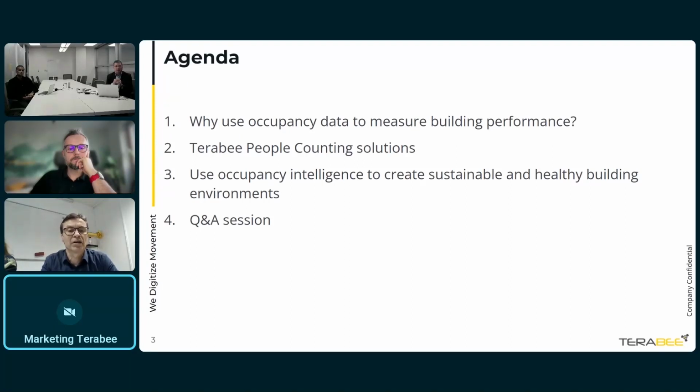And then our friends from Feedback will give some examples of how they've used the data from occupancy sensors to manage ventilation systems, and they'll explain some of the use cases that they've deployed with their customer base. And then we'll finish with a few questions, and we'll do our best to answer the questions. Feel free to add them as we go along, and we'll get to those at the end of the session.